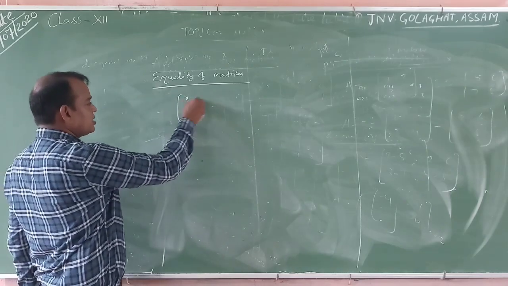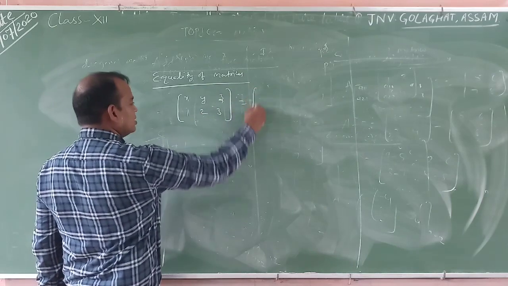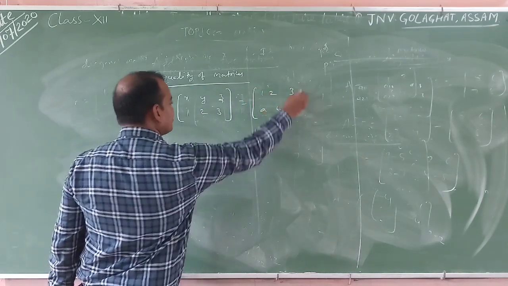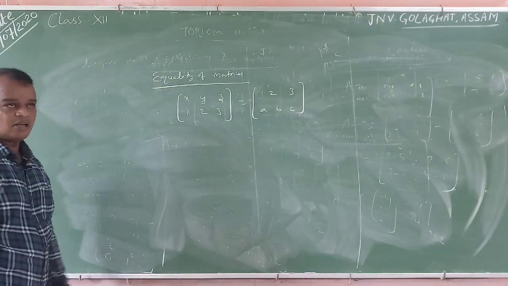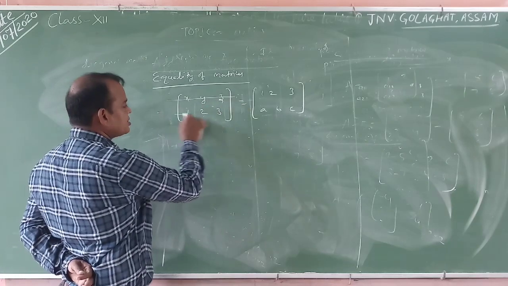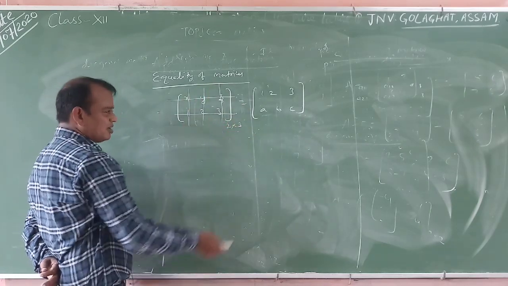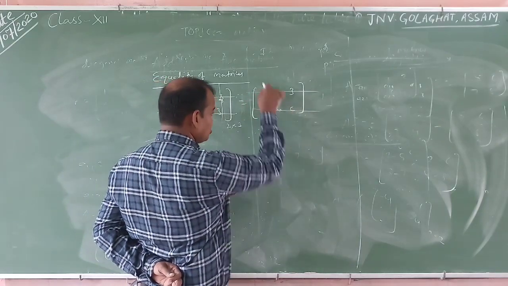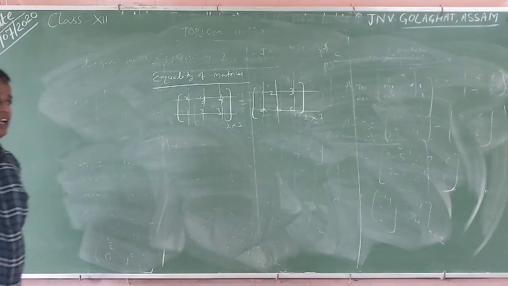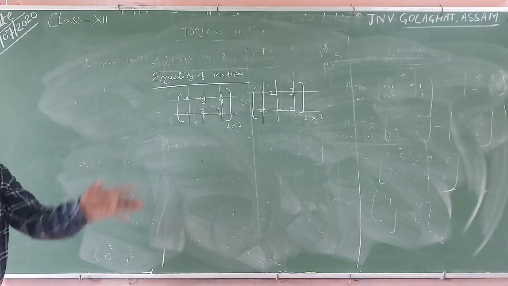Suppose x, y, z, 1, 2, 3 is equal to 1, 2, 3, a, b, c. To check whether these two matrices are equal or not, first we write the order. The order of this matrix is 2 by 3, 2 rows and 3 columns. This one also has 2 rows and 3 columns. Whenever the two matrices have the same order, they can be equal.